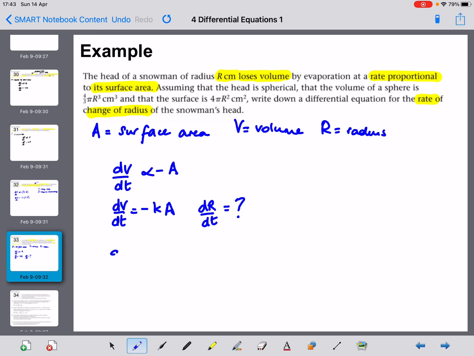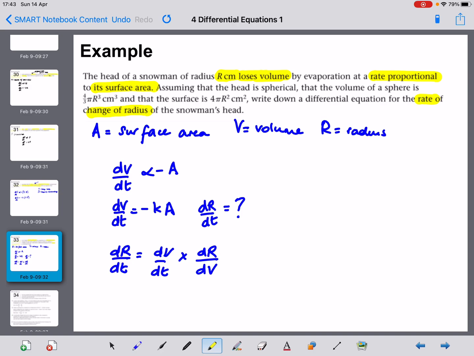dr by dt. If I use the chain rule, I can connect the volume with the radius. dr by dt will be dV by dt times, and then we're going to need the dV to be on the bottom so it cancels out, and we're going to need a dr at the top.